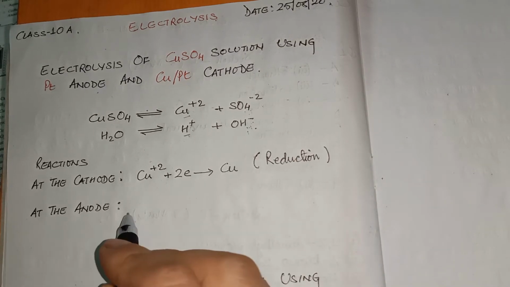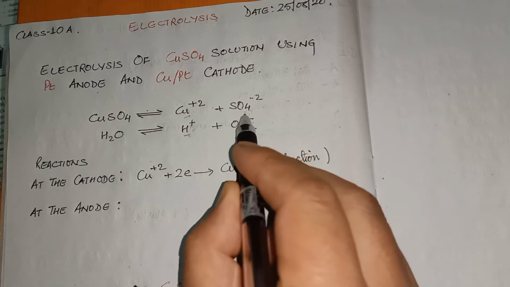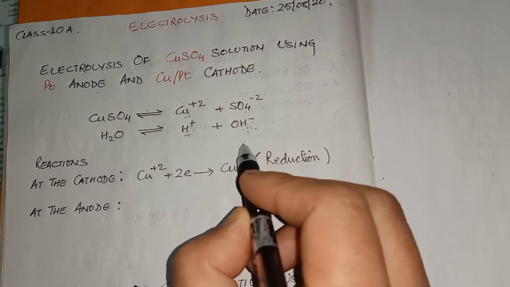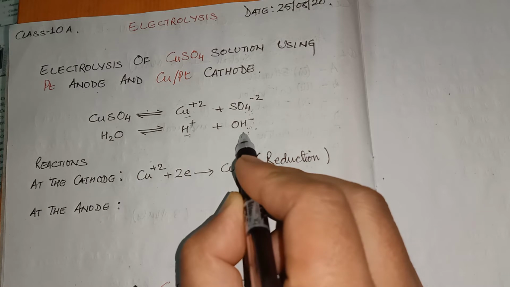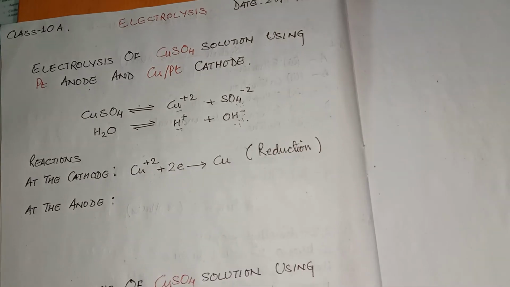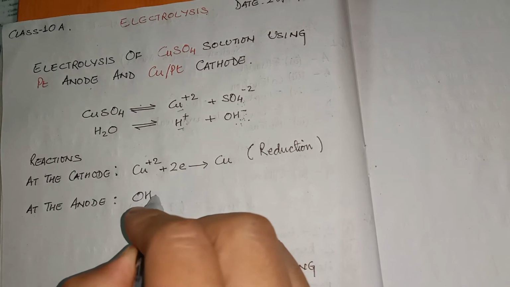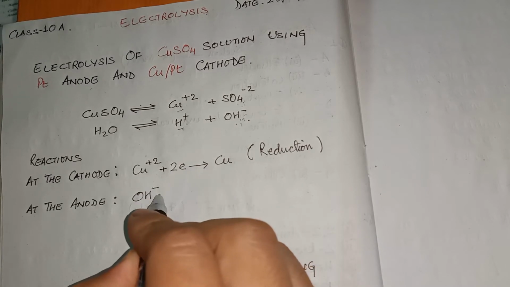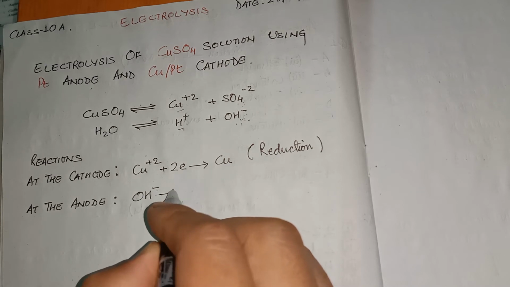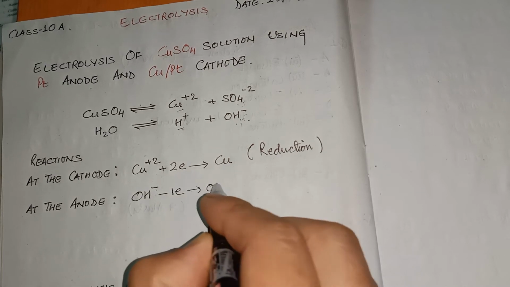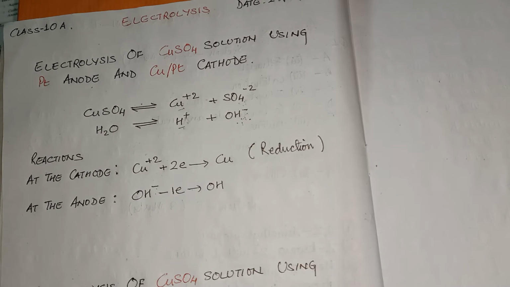Therefore, at the anode, both the ions will move towards the anode, but hydroxide ion will get discharged. When one hydroxide ion moves towards the anode, it has one excess electron, so it will lose one electron and convert into OH.